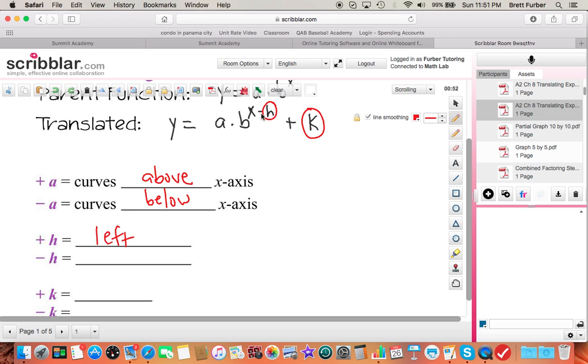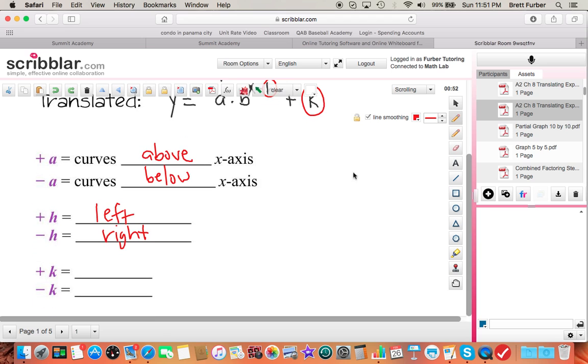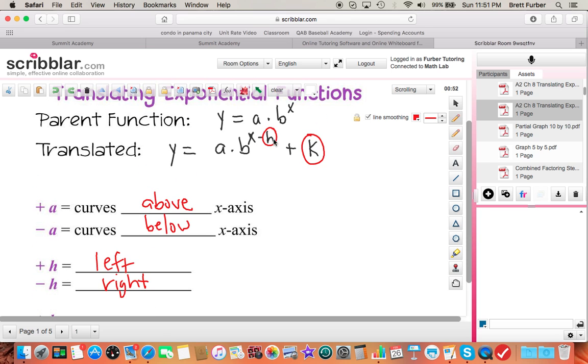If h stayed as a minus h, then the value of h was positive, so we would move to the right. The only way to make this become a positive h is for the value of h to be a negative, because minus a negative value would turn into a plus. It's kind of the opposite of what you would expect.